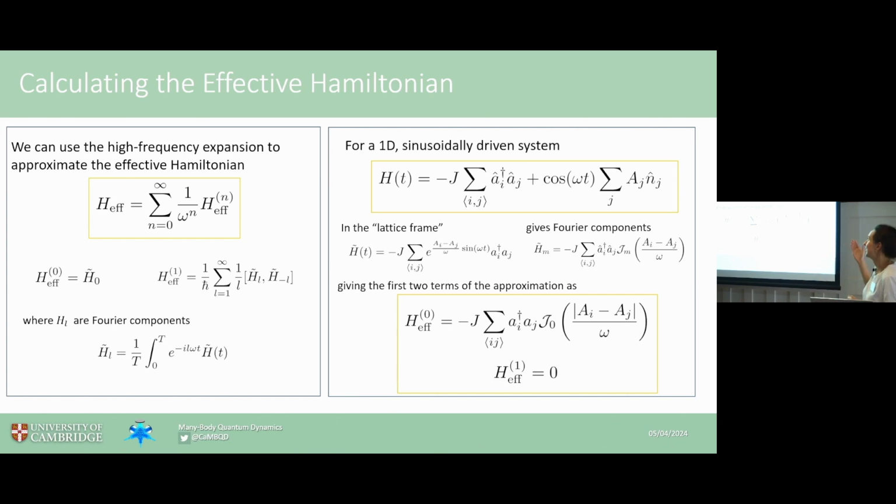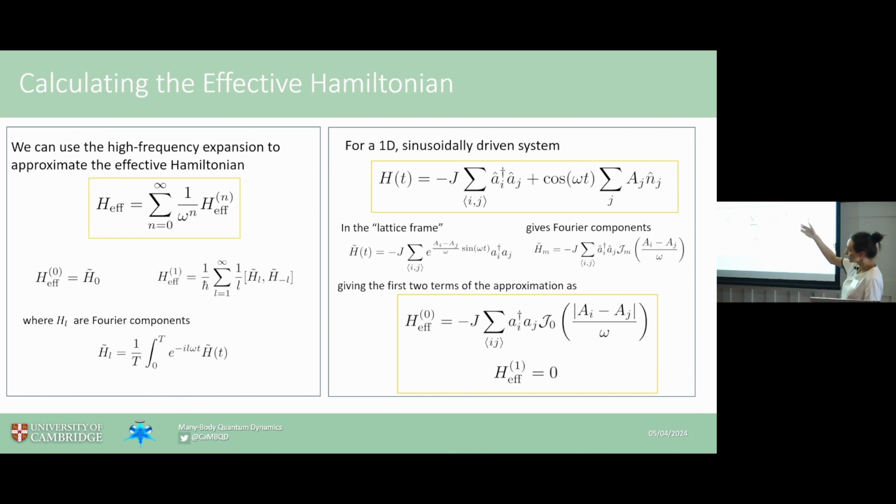On the right-hand side, just to give an example, say we have a Hamiltonian with homogeneous tunneling J across the lattice, but we are using these tweezers to drive the local chemical potential of the lattice in a time-dependent way, defining the amplitude of this drive at different sites of the lattice.